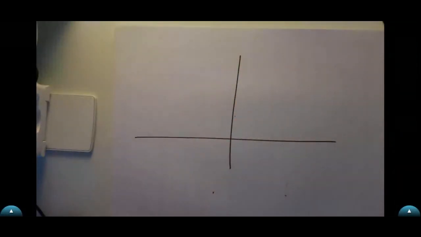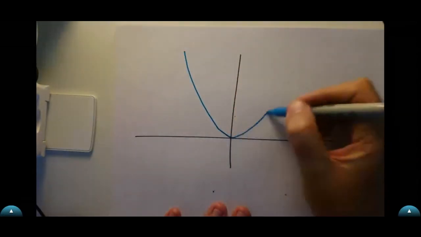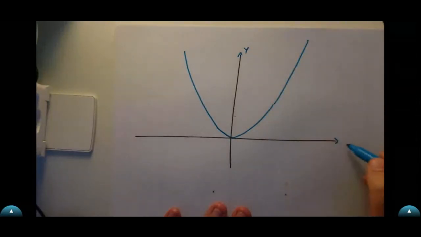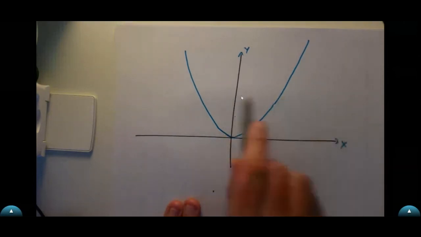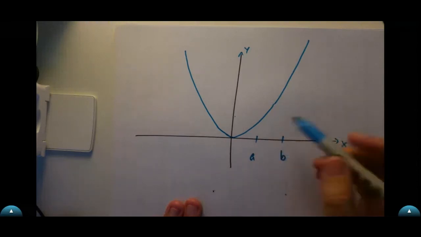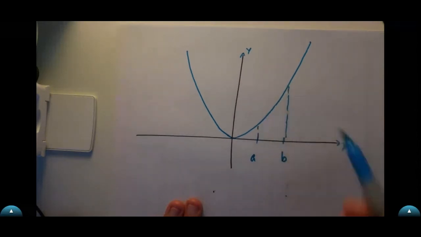Okay, so if I've got my axes here, and this is like my x squared function. So if I'm just here where we're in the positive values of x, and that's A, and that's B, of course, B is going to be above A, right?